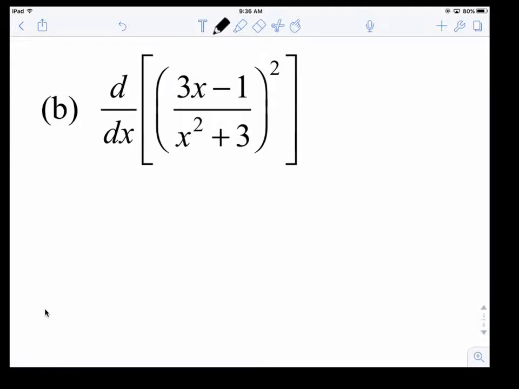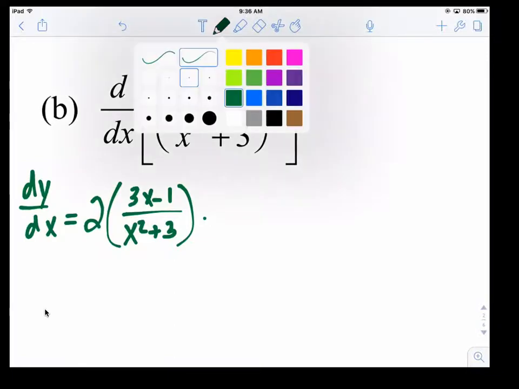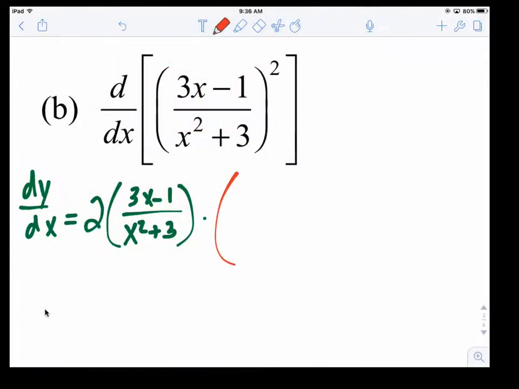All right, so now you have 3x minus 1 over x squared plus 3, squared. So what's the outermost function? Blob squared. So we're going to have to do the derivative of that first, and then the derivative of the inside is going to require you to do the quotient rule. So dy over dx is equal to 2 times 3x minus 1 over x squared plus 3 times now the derivative of the inside.